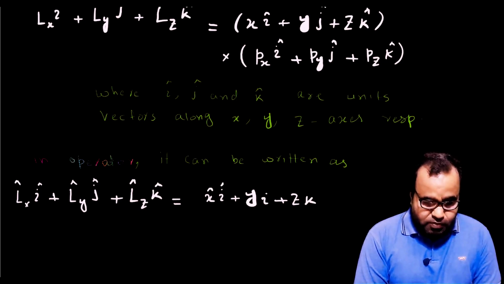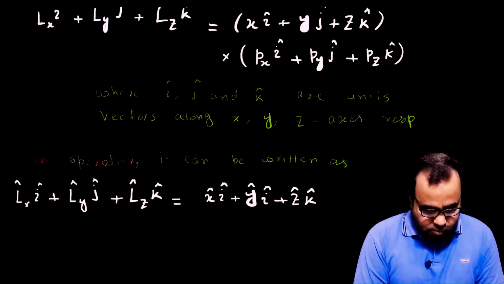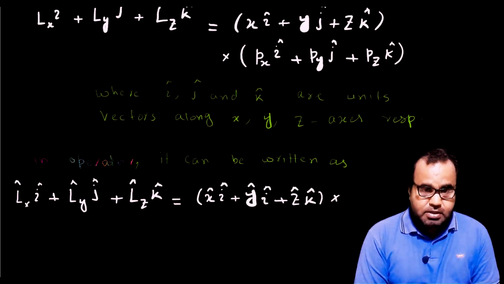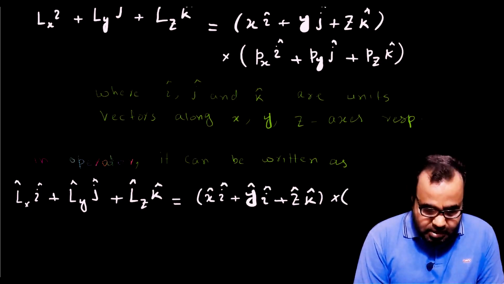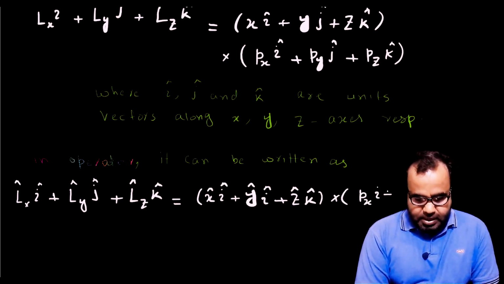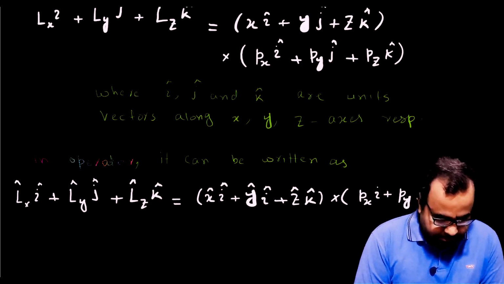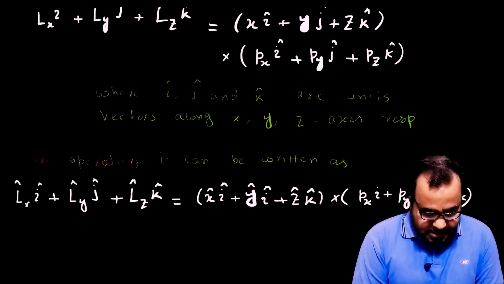Okay, and similarly you will write px operator i unit vector, py operator j unit vector and pz operator k unit vector.